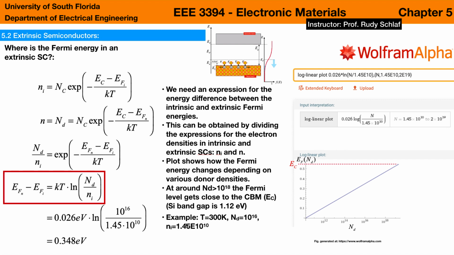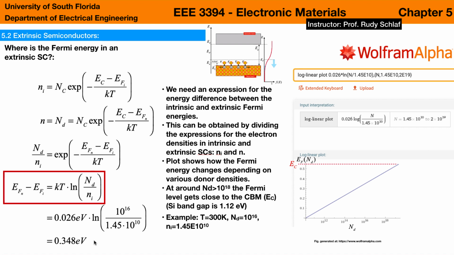Let's do an example for silicon at 300 Kelvin room temperature with a donor density of 10 to the 16. So if we plug in the numbers here, we calculate 0.348 electron volts.